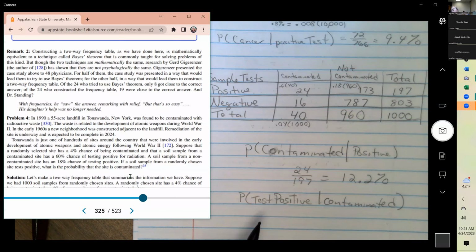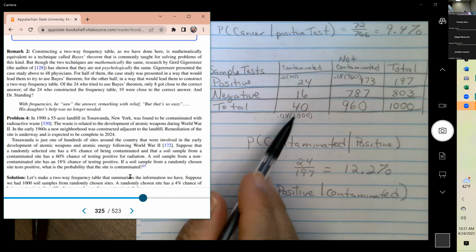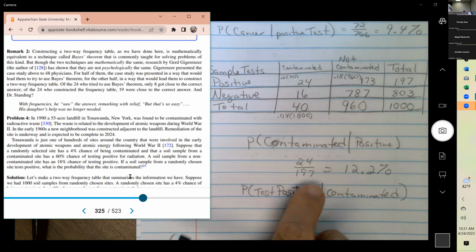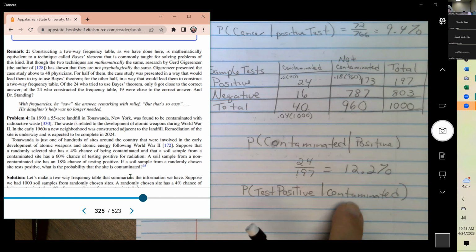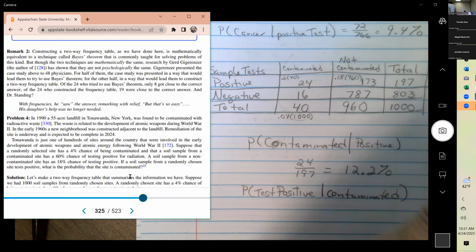Let's find one more probability. The probability it tests positive given it's contaminated. Because I think that's an important thing. If they're in an area that's contaminated, we want to see how much it's going to test positive. These two are not the same thing because what you are given is different. Since you're given contaminated, you're only using this column.